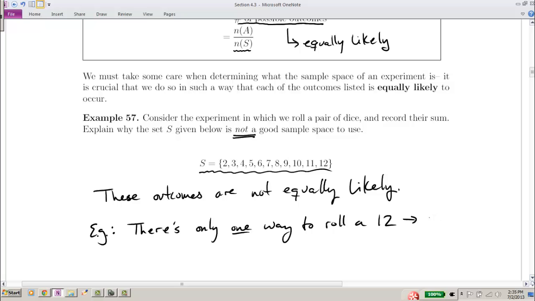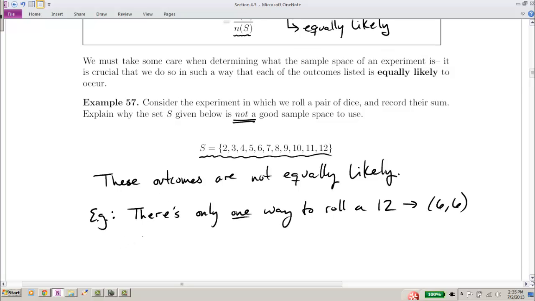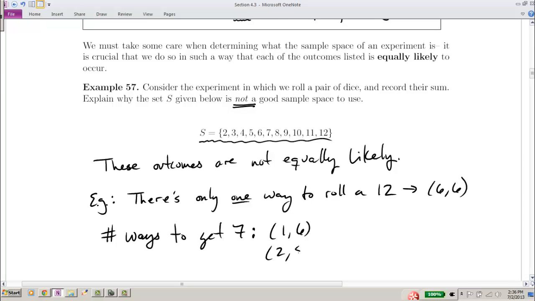It has to be double sixes, which I'll express as an ordered pair here. However, let's think about how many ways there are to get a 7. Well, I could roll a 1 and a 6. I could roll a 2 and a 5. Or I could roll a 3 and a 4.